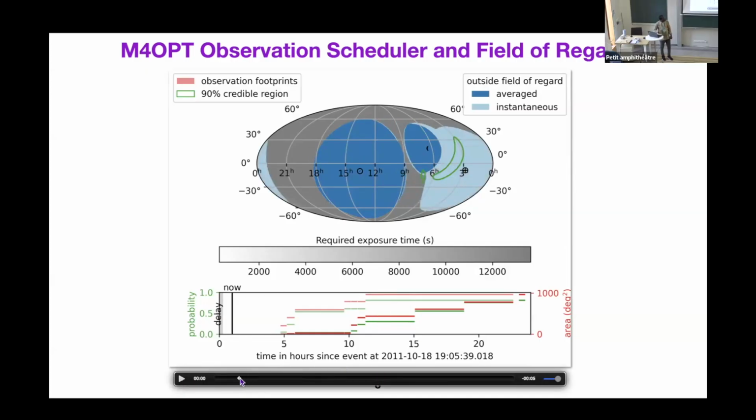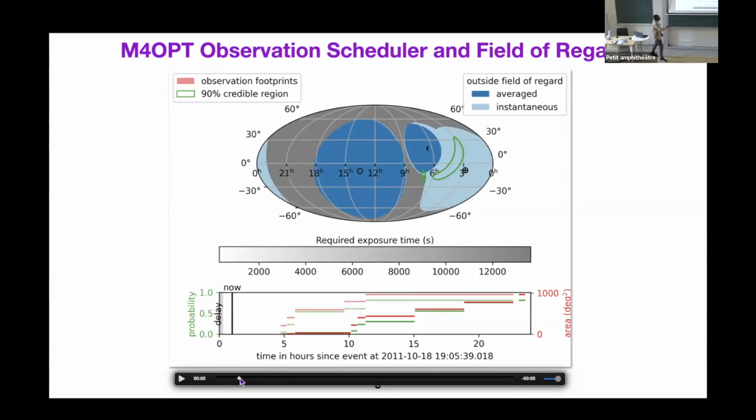Okay, we have two types of outside of the field of regard. That means we have the average one. The average one concerns the region that we cannot point during all the observation time, which here is from 0 to 24, so one day. And now the light blue is the instantaneous position. So here we see that we have the Sun here and we have the Moon here.